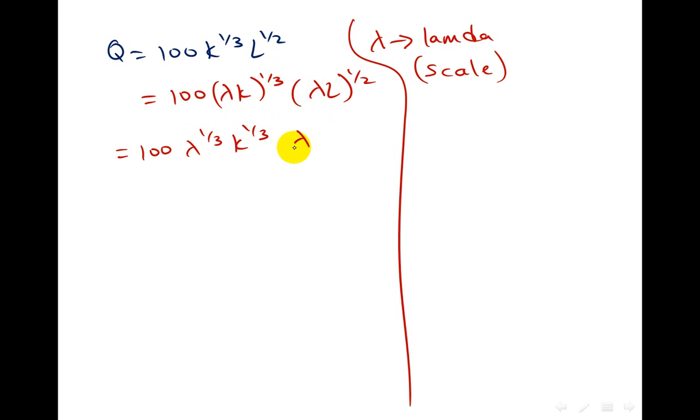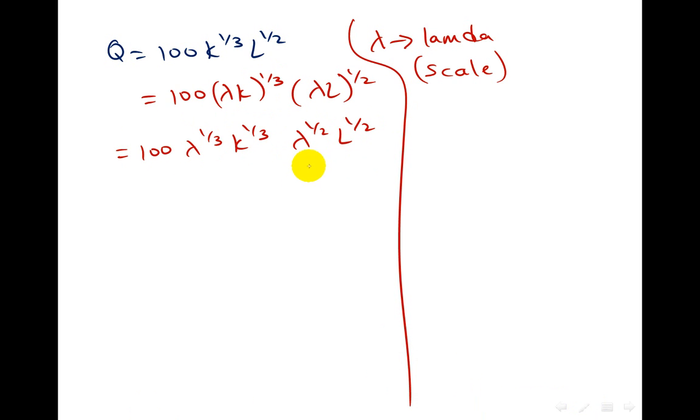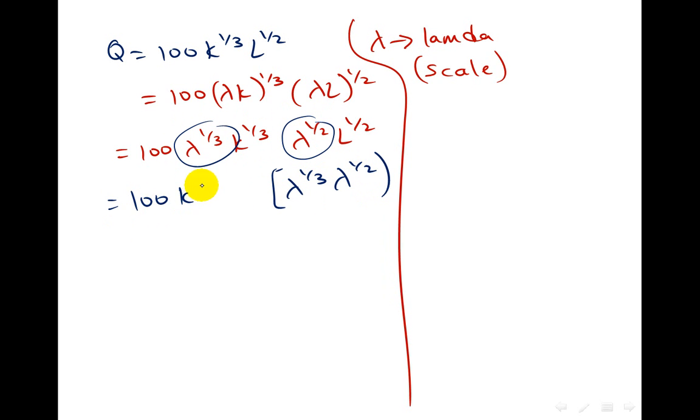Same thing here, lambda to the power of half and L to the power of half. Once you do this one, again collect the lambdas together. Here you have this lambda and this lambda, take them along here, and everything else take it here. Let k to the power of 1/3 and L to the power of half.